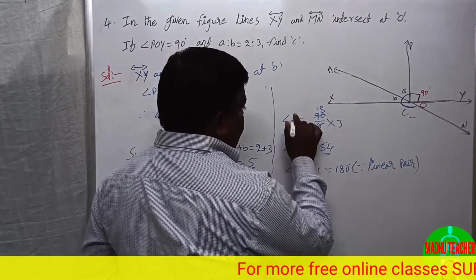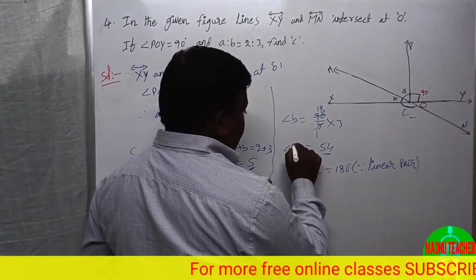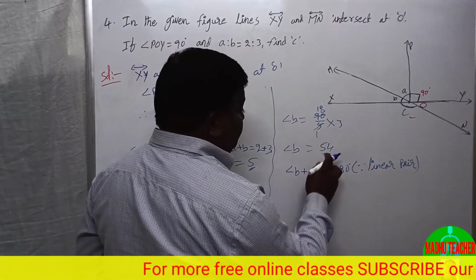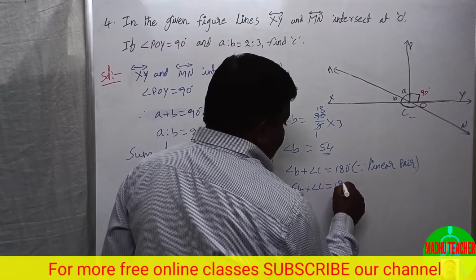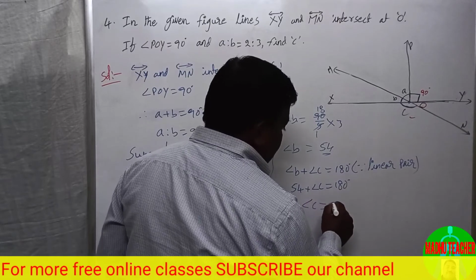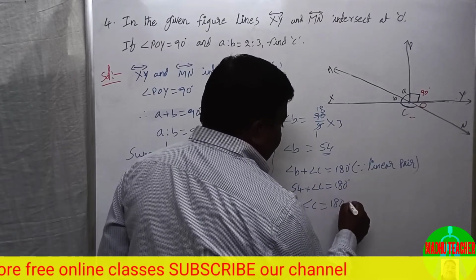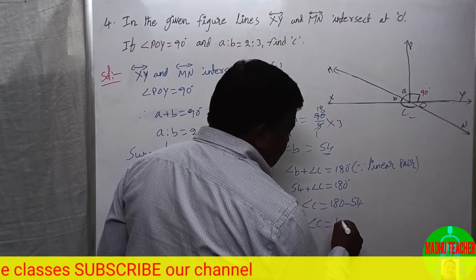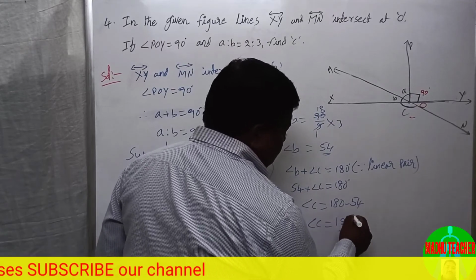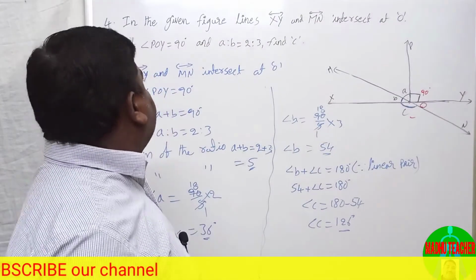Here it is B, small b. So 54 degrees plus angle C equals 180 degrees. So angle C equals 180, taking to the right side it becomes minus 54. Angle C equals 126.